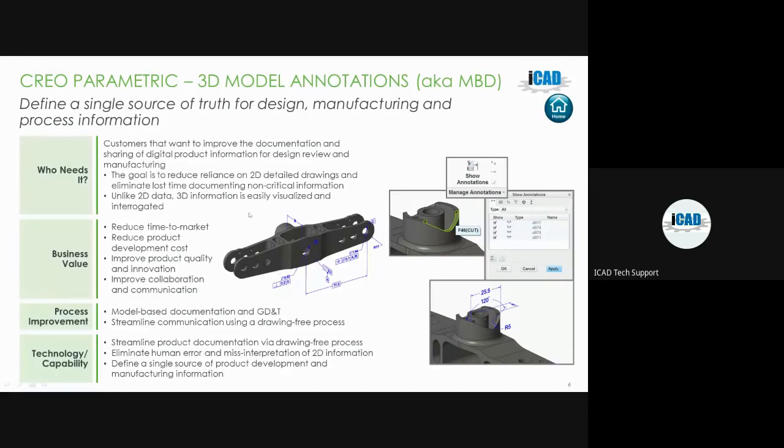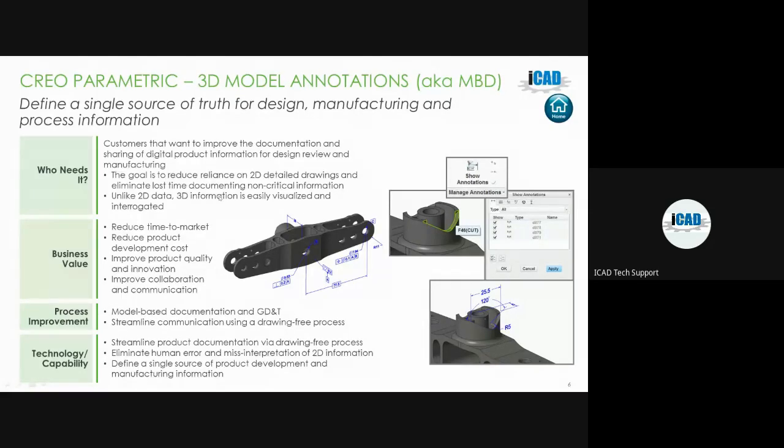So by using these 3D model annotations, the goal is to reduce the reliance on 2D detail drawings. Most customers are dependent on the 2D detail drawings. So we can reduce this reliance by eliminating lost time documentation and non-critical information as well.